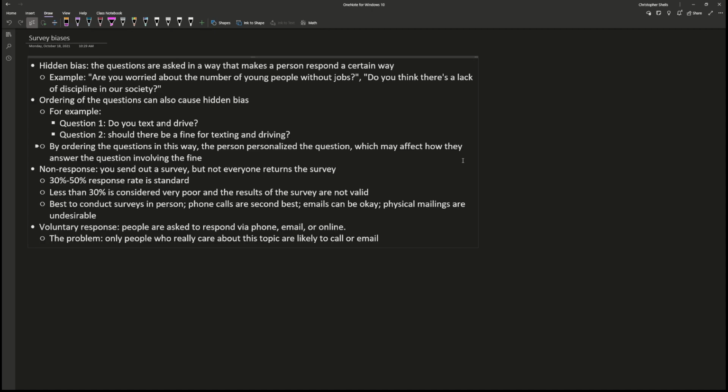By ordering the questions in this way, the person has personalized the question, which may affect how they answer this second question involving this fine, right? If someone says, yes, I do text and drive, then suddenly they're personalizing this question about should there be a fine for texting and driving, right?